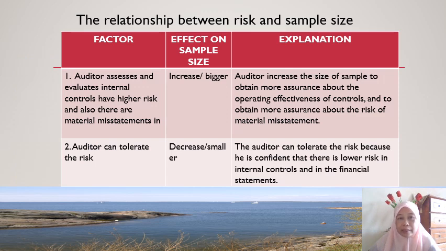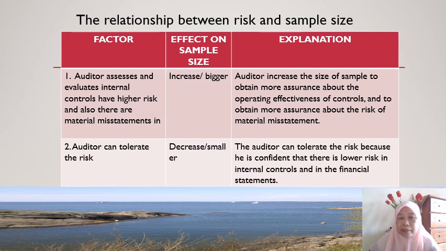Let's look at the relationship between risk and sample size. Okay, the auditor will be assessing the risk of the client's internal controls and the client's financial statements, whether there are material misstatements or no material misstatement.